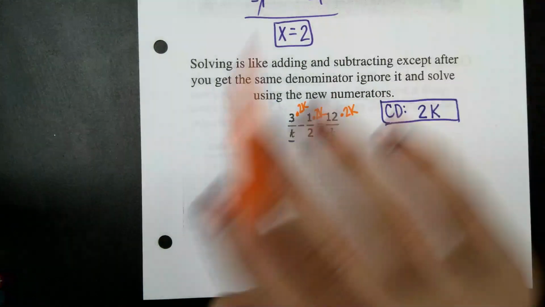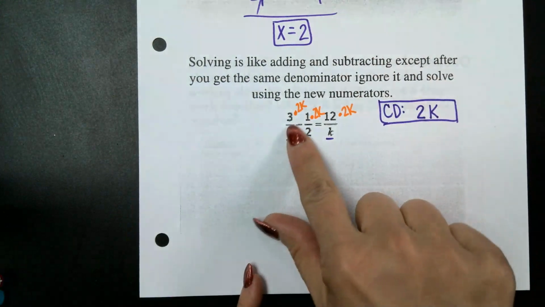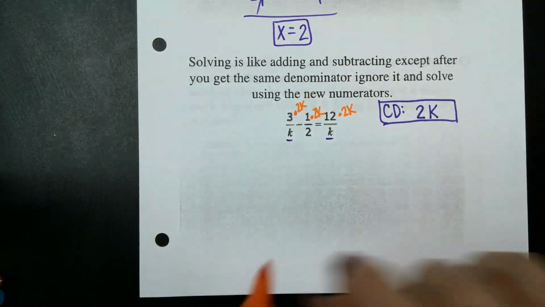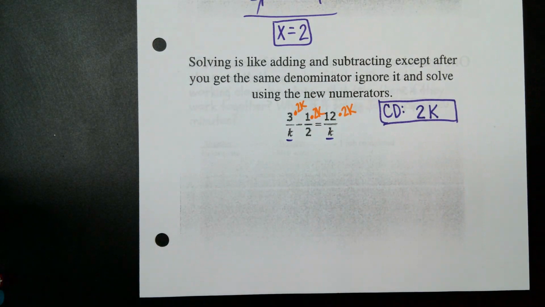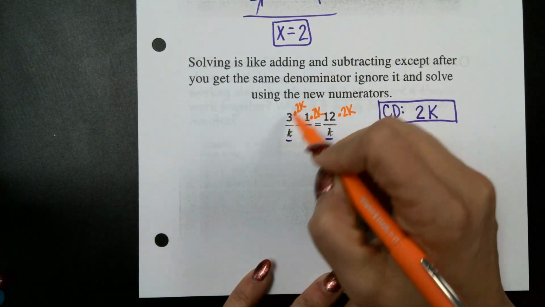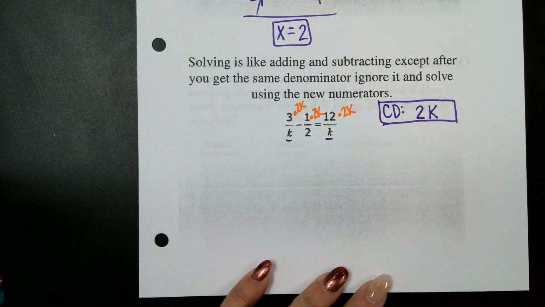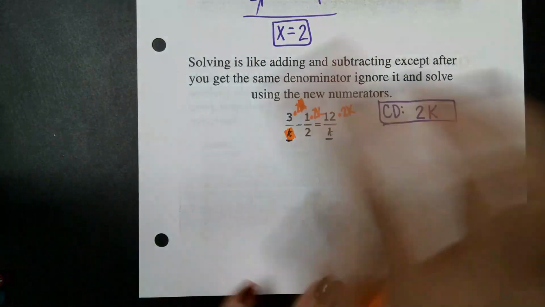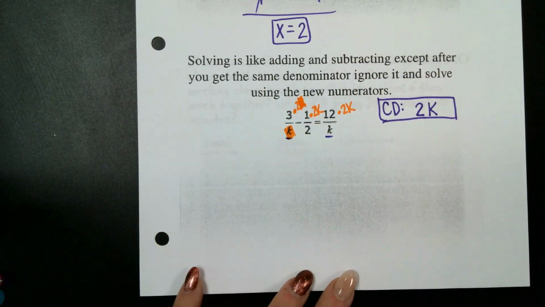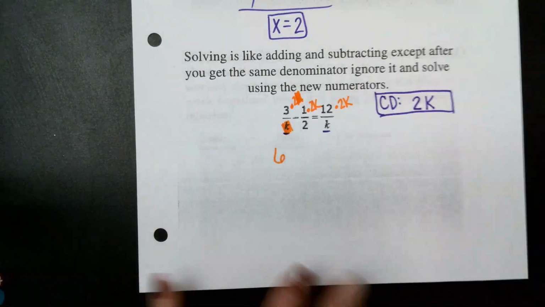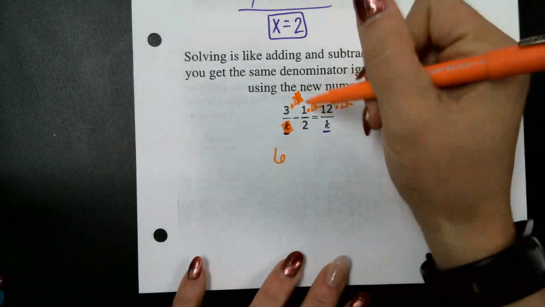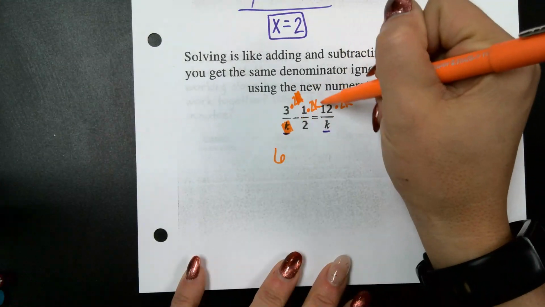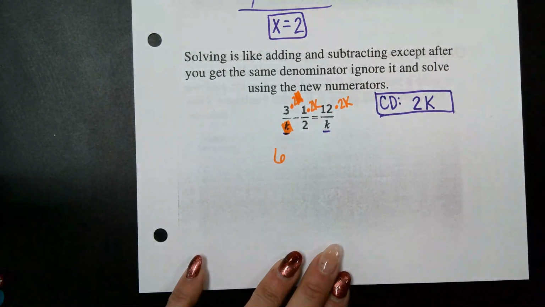Okay? Now look at the first fraction. When we multiply by 2k, is there something up top that can cancel out the bottom? What up here could cancel out that? Okay, so this k cancels this k, and we're just left with 3 times 2, which is 6. All right, then out of this, what up top cancels out the bottom?